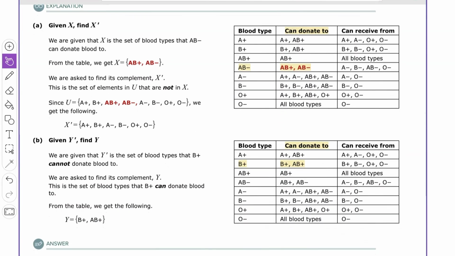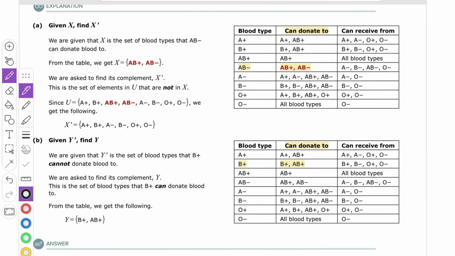So what did I mention? That in the first one, you highlight or you can write down the ones that you can donate blood to, right? So this set is the elements that are not in X. So you just cross them off from that set, and then you pick all of the ones that were not included for this one.